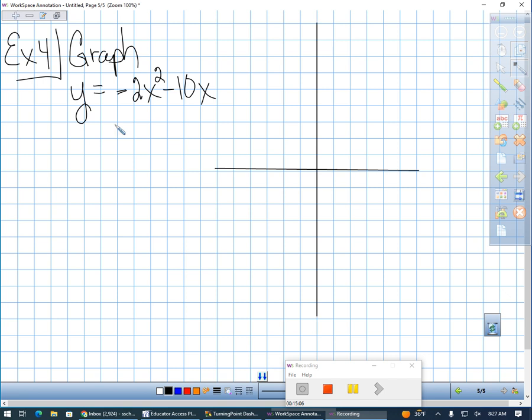All right, so step number 1 is to find our axis of symmetry. So that's x equals negative b over 2a. All right, now in my equation, my first term is my a. The coefficient on x is my b. And my c in this case is 0. There isn't a c, right? All right, so I have negative b, or negative 10, over 2 times negative 2.